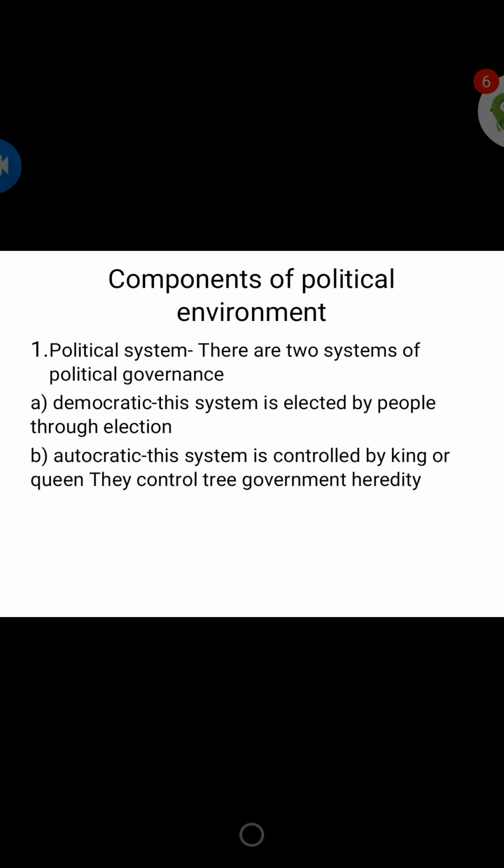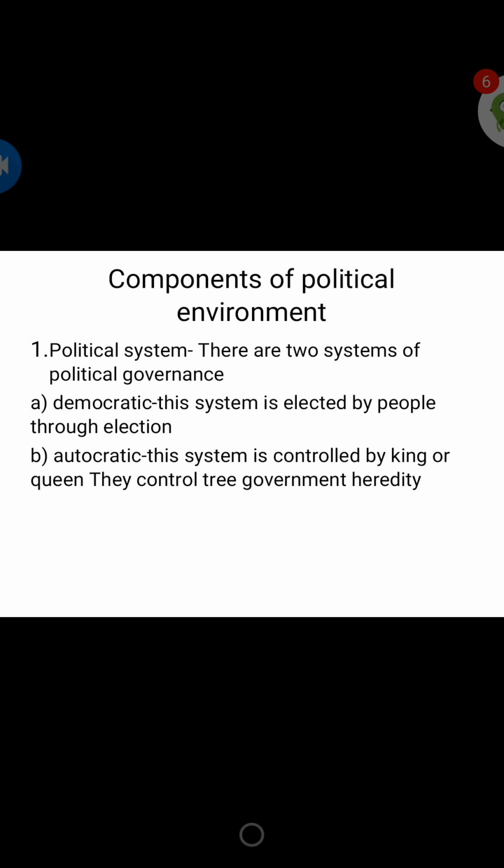The next is autocratic. Autocratic is a system which is controlled by a king or queen. They control the government by heredity.